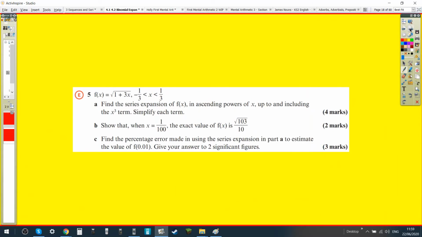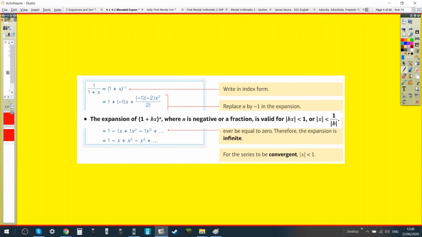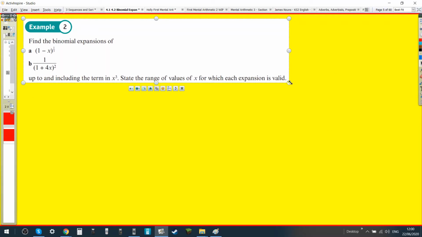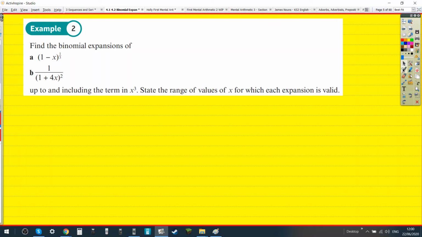Let me just go back to question B: what would be the range of values for which x is valid? Do I need to do 1 plus 4x to the minus 2?